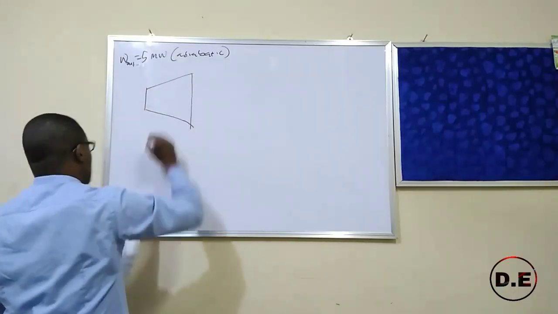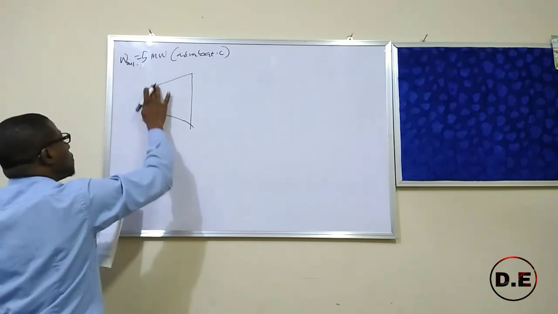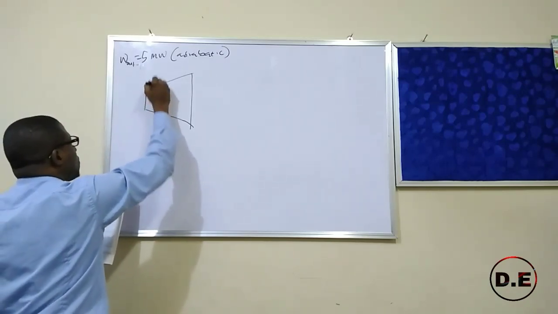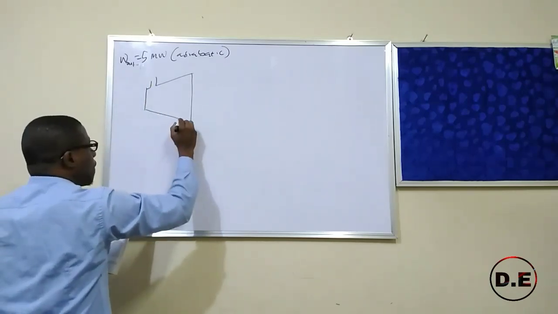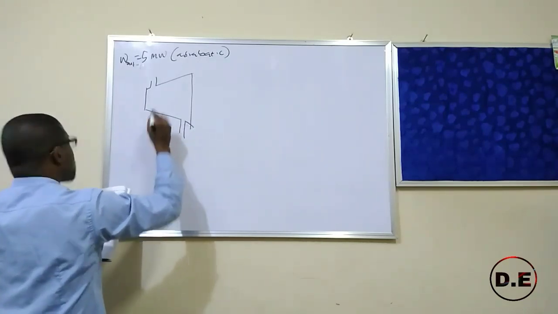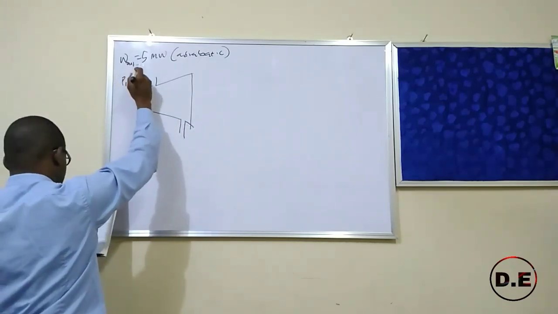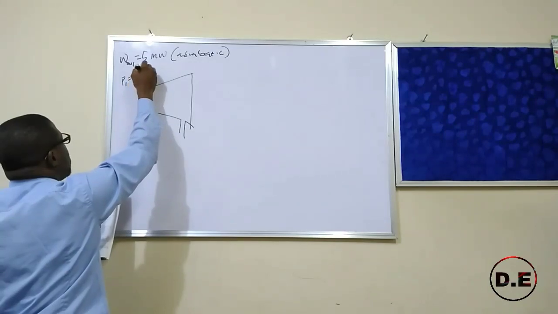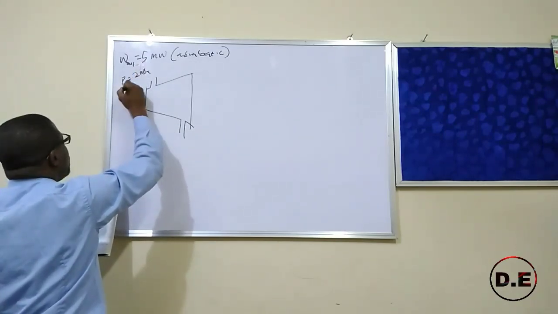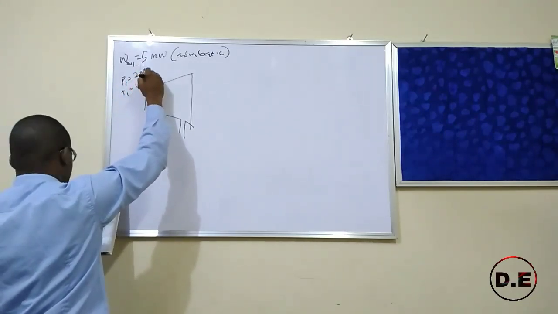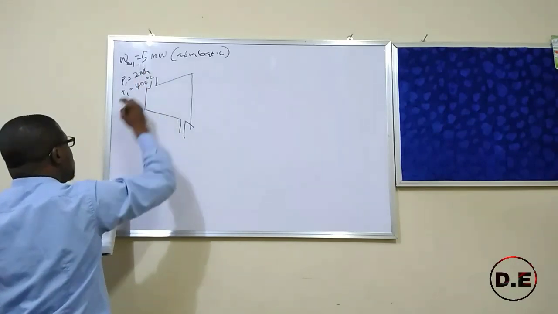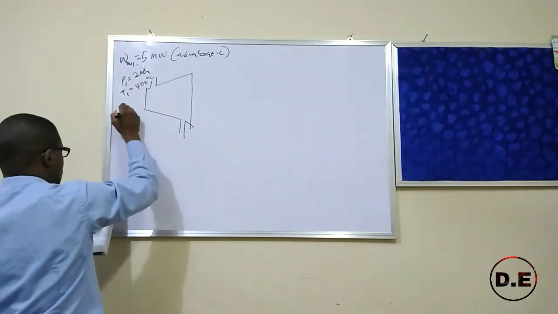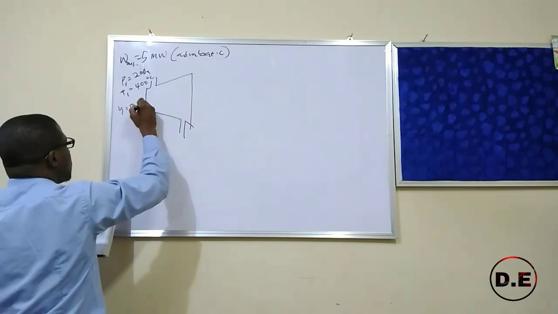The conditions of the turbine: P1, the entrance to the turbine, is 2 megapascal. T1 is 400 degrees C. V1 is 50 meters per second.